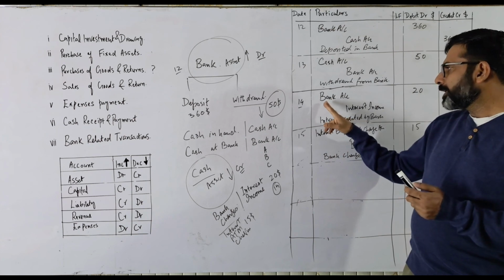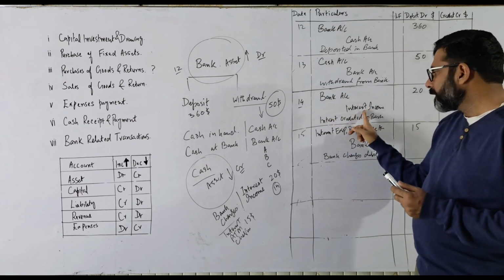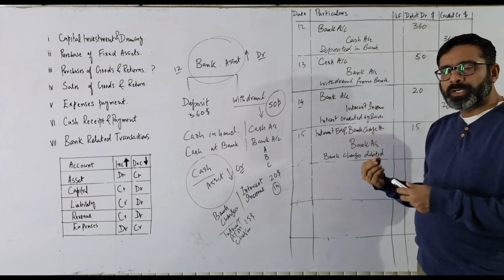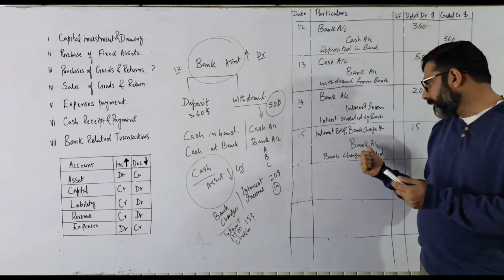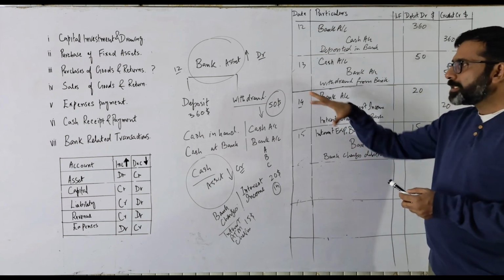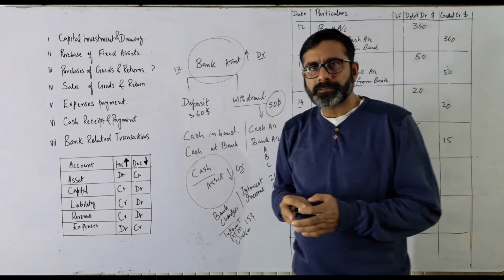So here the bank balance is increased due to the income. And here the bank amount is reduced. You have not withdrawn, but the bank has deducted that amount due to a charge. So that will be credited. So these are the main 7 transactions that we have discussed today.